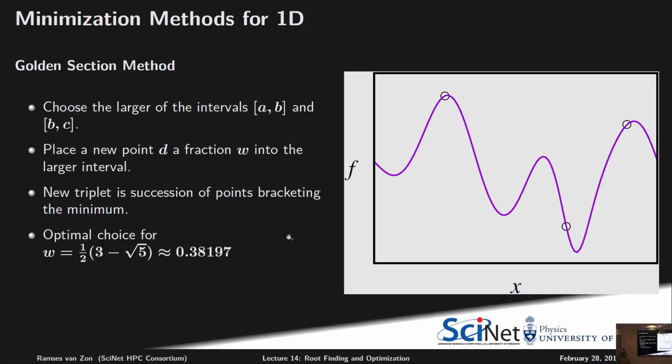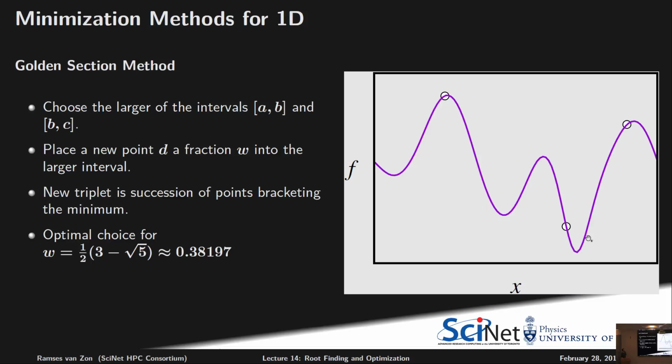Let me show you how this would go. So here I put 3 dots on this curve that are bracketing a minimum. Here's A, here's B, here's C. The value at B is lower than at A and at C, and so this brackets one. So what's going to happen in this algorithm is we're going to take the bigger of the two intervals.